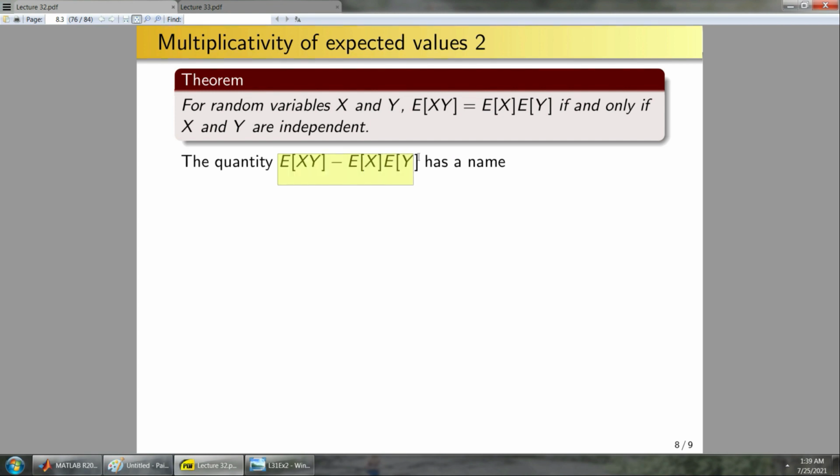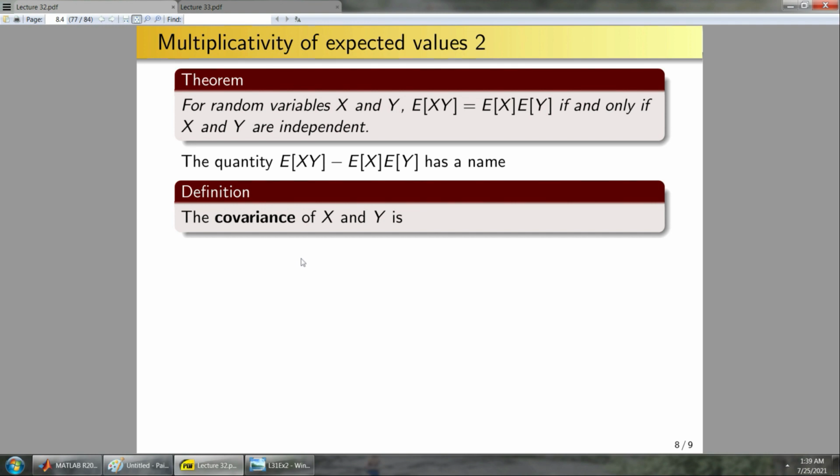This quantity here, the difference between these, has a name. The covariance of X and Y, often denoted COV of X comma Y, is equal to this quantity here. So this is related to standard deviation, which is a term that hopefully you've heard before, but it's also related to another term. So have you ever heard of correlation?